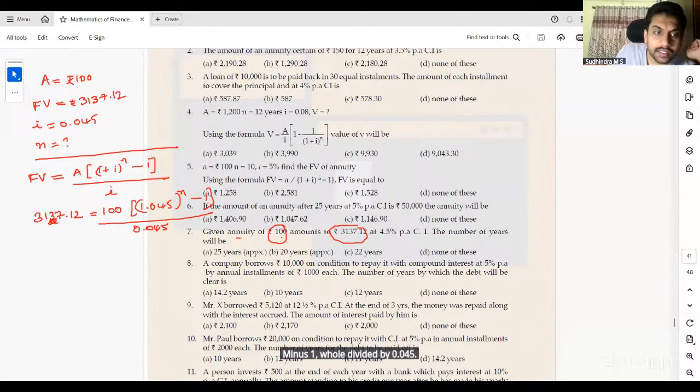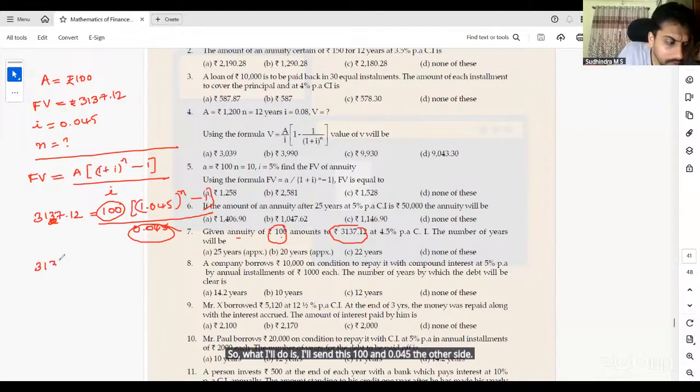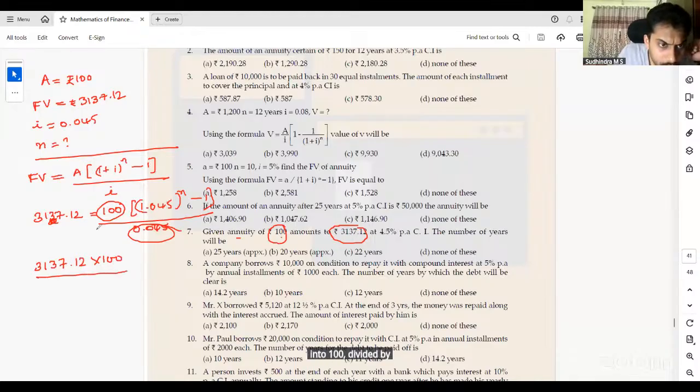So I'll send this 100 and 0.045 the other side. It will be 3137.12 into 0.045 divided by 100 is equal to 1.045 to the power n minus 1.